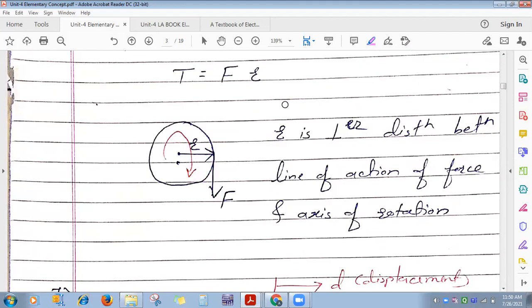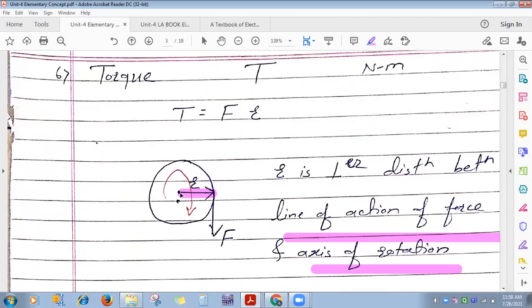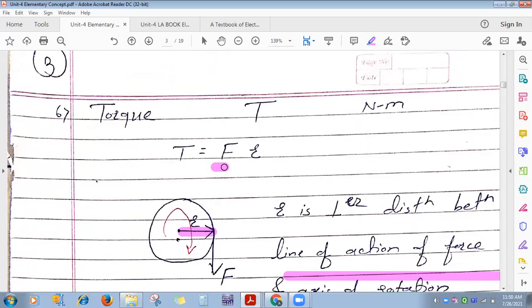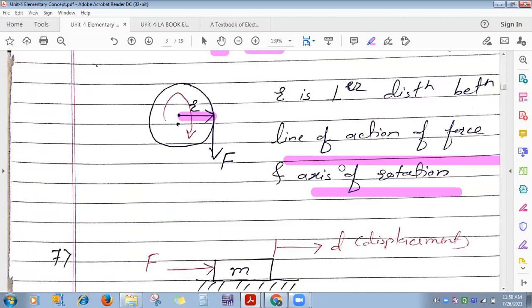Which distance? r, the perpendicular distance between the line of action of force and the axis of rotation of that pulley. So the product of F into r, where r is the perpendicular distance between the axis of rotation and the line of action of force. Force is in Newton and radius is in meter, so torque unit is Newton meter.